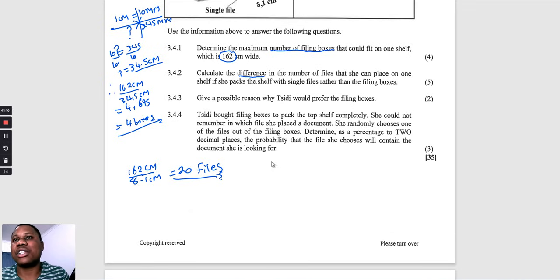Okay, so if she uses the boxes, she's going to have 4 files in the box, and then on one shelf she's gonna have 4 boxes, meaning that if she places the files in the box, she's going to have 16 files on the shelf. Okay, therefore the difference now is equals to 20 minus 16, which is 4 files.